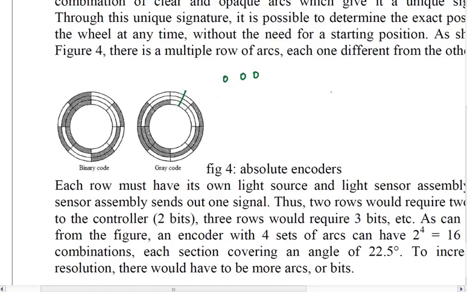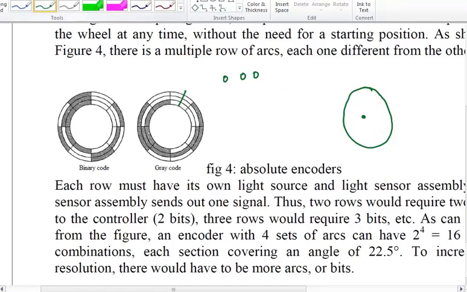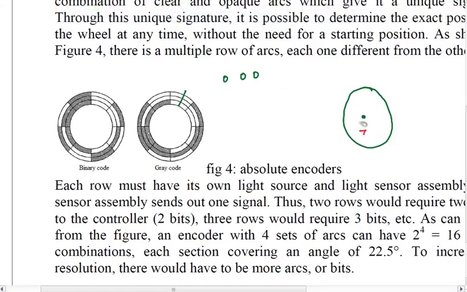So how is this going to look like physically? It looks like there is an arc like this, and then there are three LEDs. Let me draw those. The first LED is going to be here, the second LED is going to be here, and the third LED is going to be here.